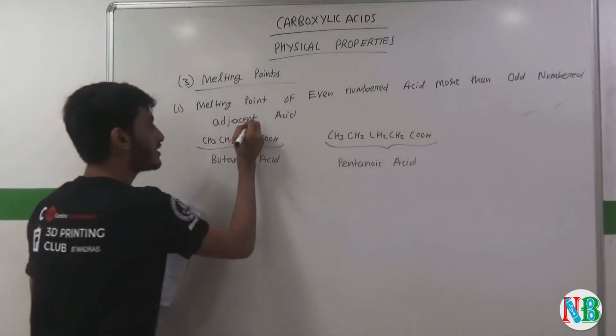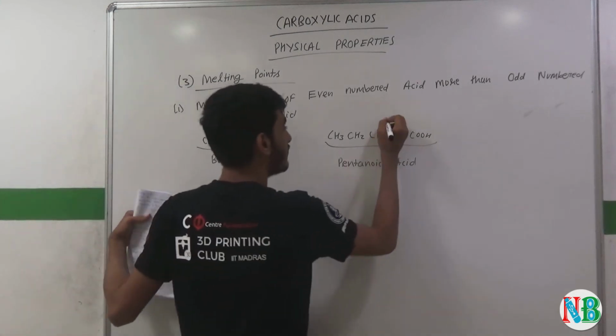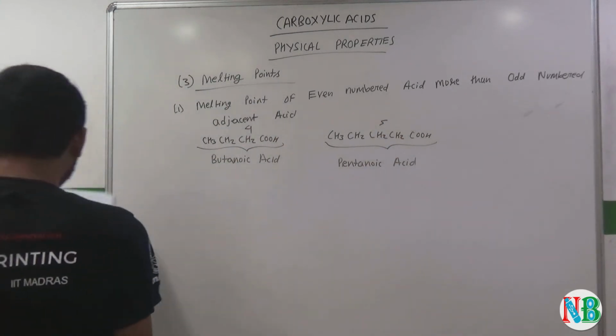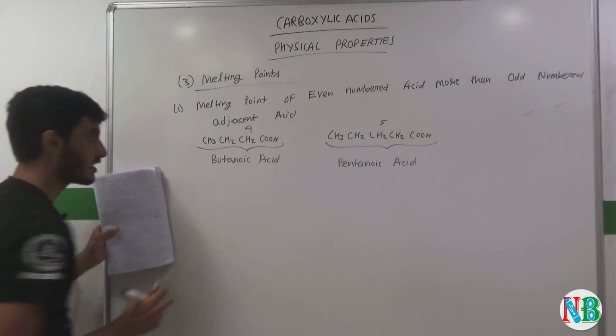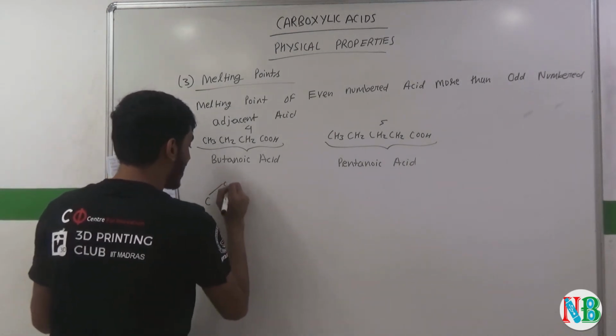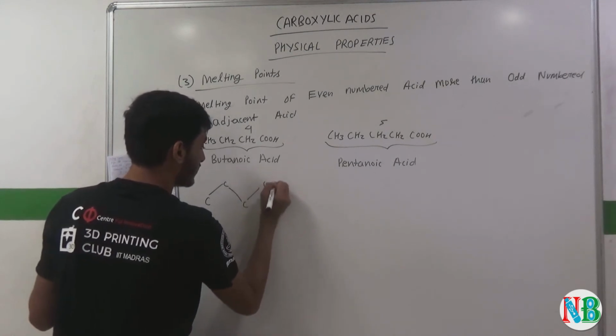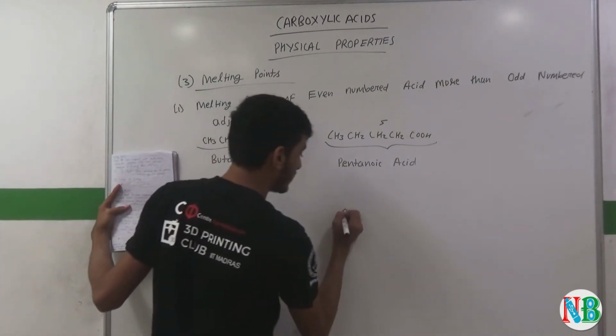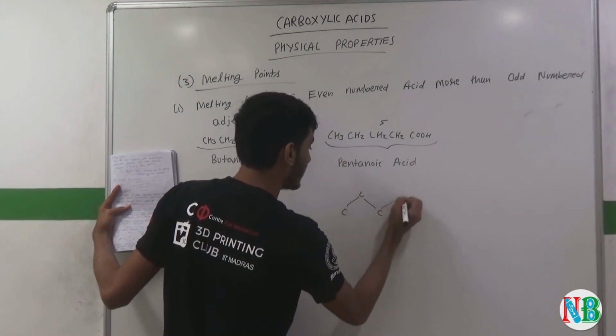This has 4 C atoms, this has 5 C atoms. Now what happens is that the actual compound is in a zigzag manner like this, and they have a formation like this.